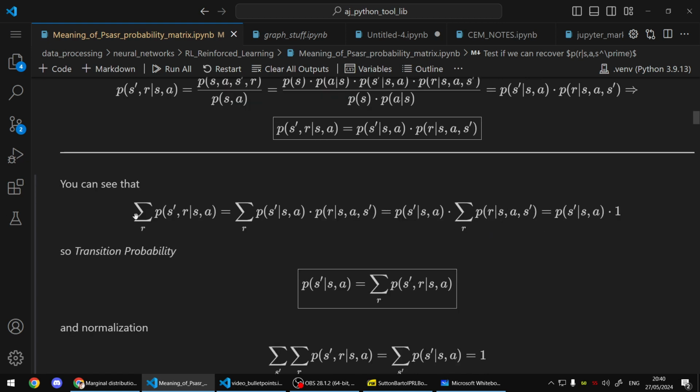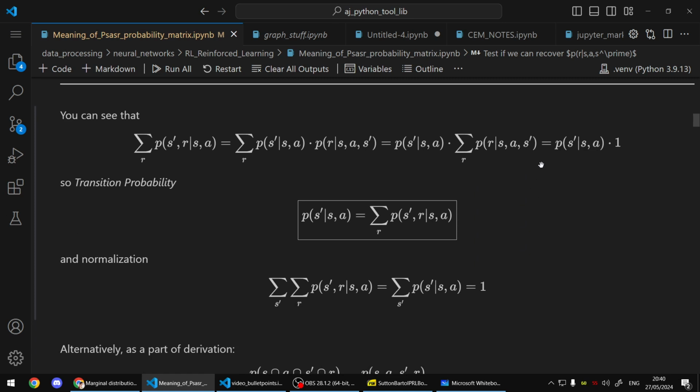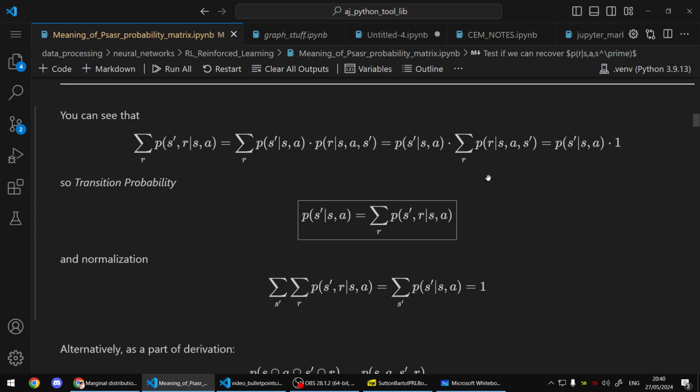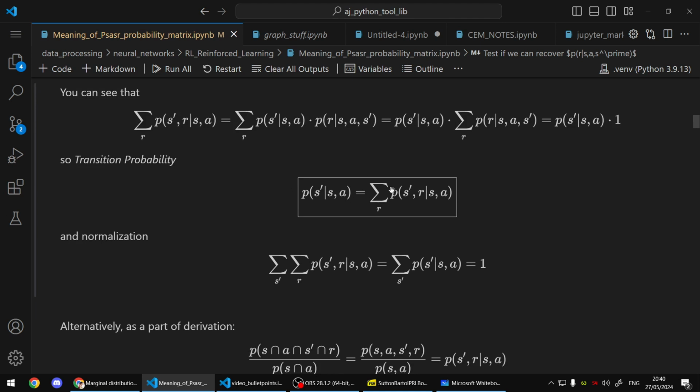So in fact, if we just marginalize over R, we get the expression for a transition probability. I cannot give you a proper interpretation of why it's so, other than we have this matrix of joint distribution, conditioned, that is just formulated so specifically that this holds. So at this point it's just a math question.